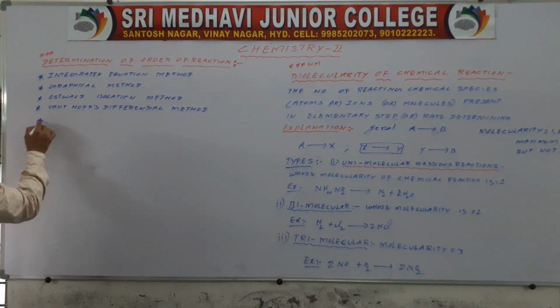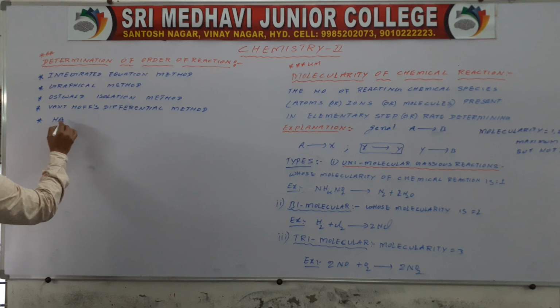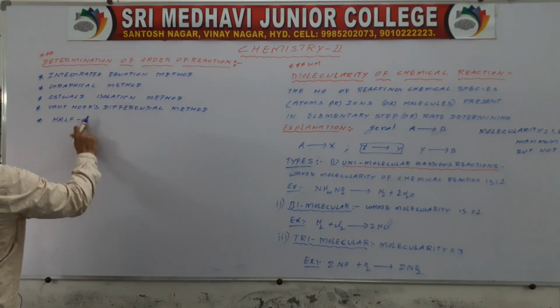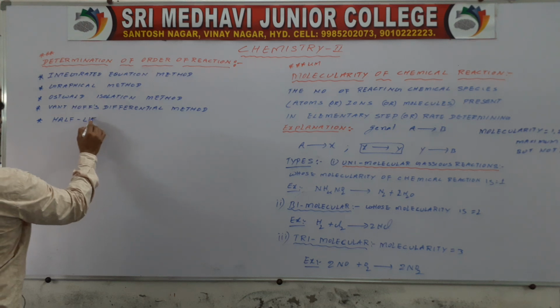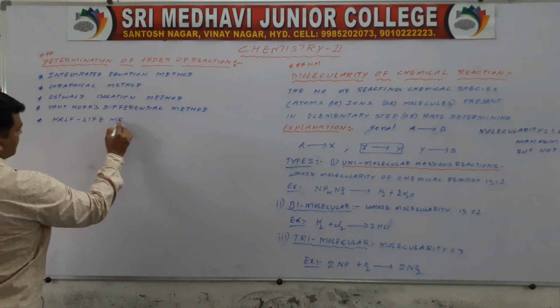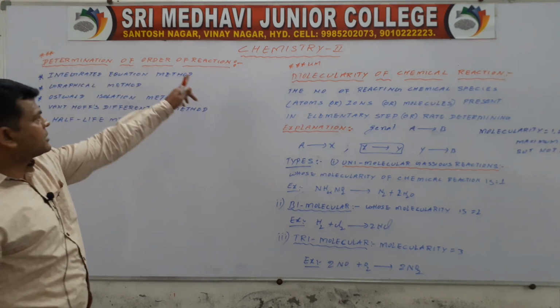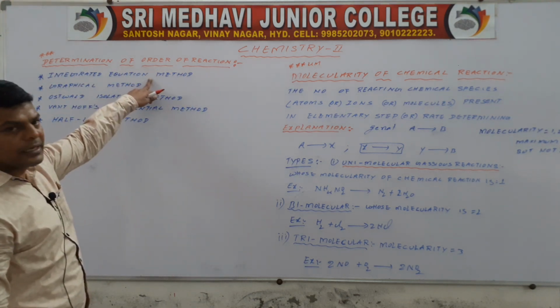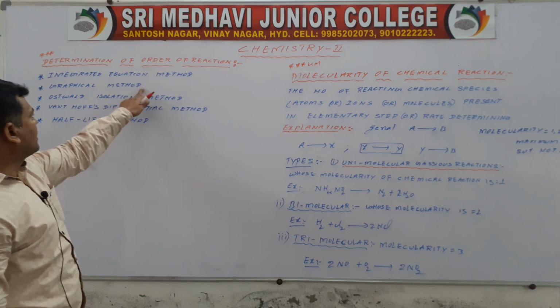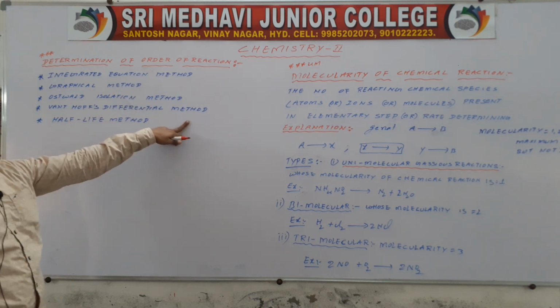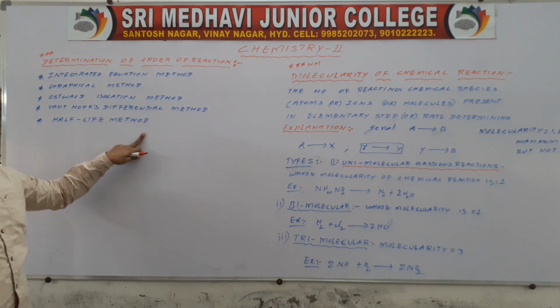And the next one is the half life method. So the determination of order of reaction has 5 methods: integrated equation method, graphical method, Ostwald's isolation method, Van 't Hoff's differential method, and the half life method.